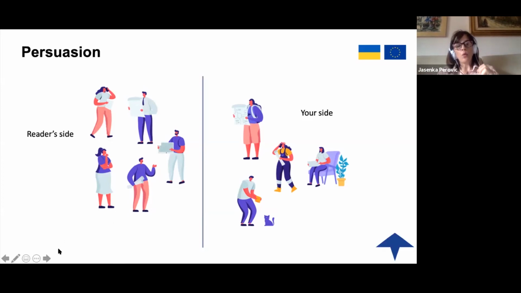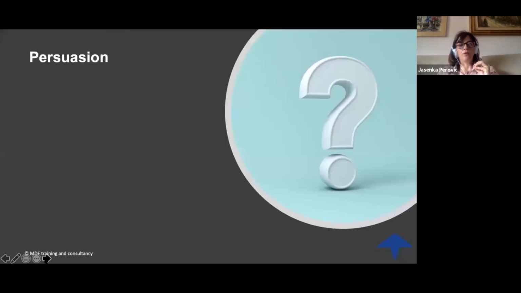People who are sitting in the evaluation committee, the assessors, maybe will not be fully aware of all details of the sector you are present in and its needs. So you have to convince them, articulate, and pitch your idea. When you are writing, don't only write from your own point of view, but think about the reader and whether it would be understandable to them.